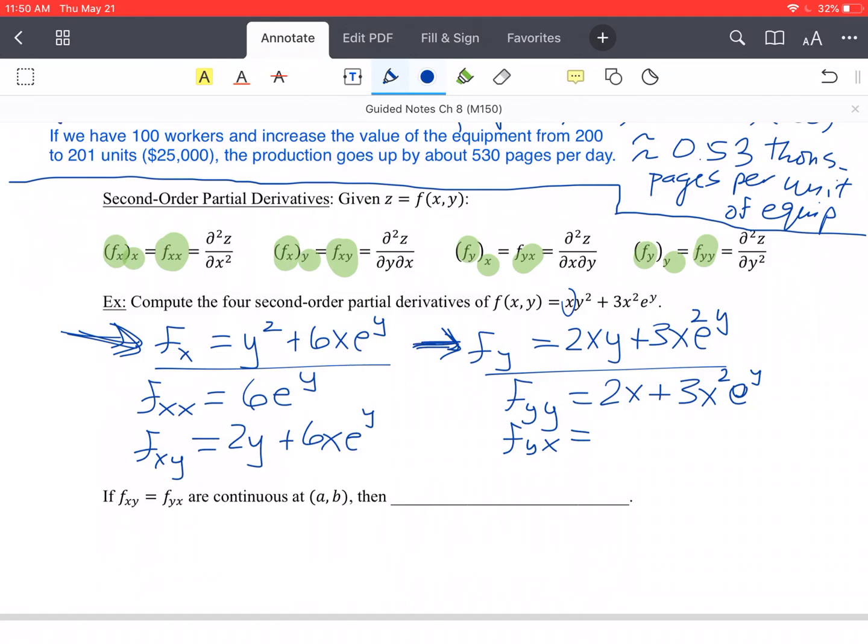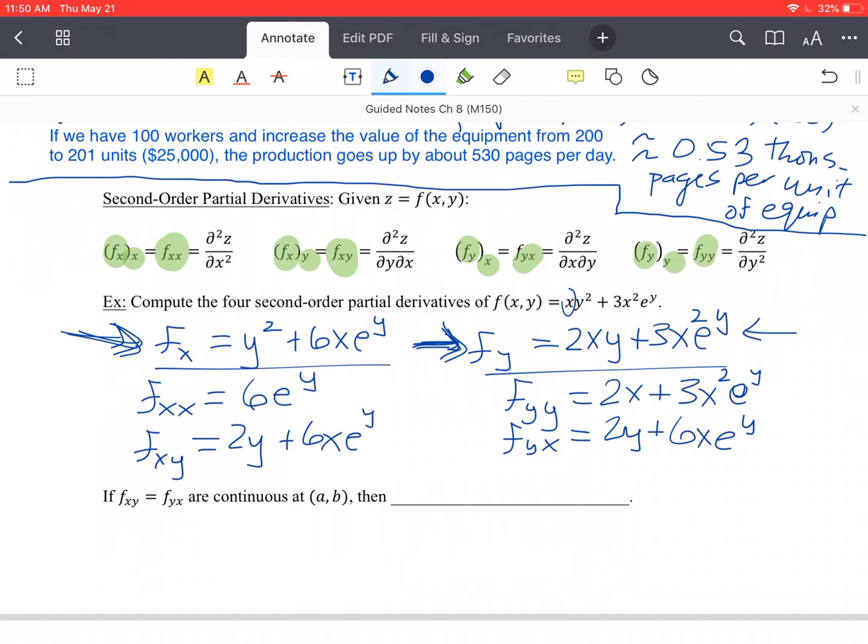So derivative of fy with respect to x this time, so x is the variable, y is the constant. So that's going to be 2y plus derivative with respect to x, that's going to be power rule, right, bring down the 2. That's going to be 6x e to the y. And those are our 4 second order partials for this example.